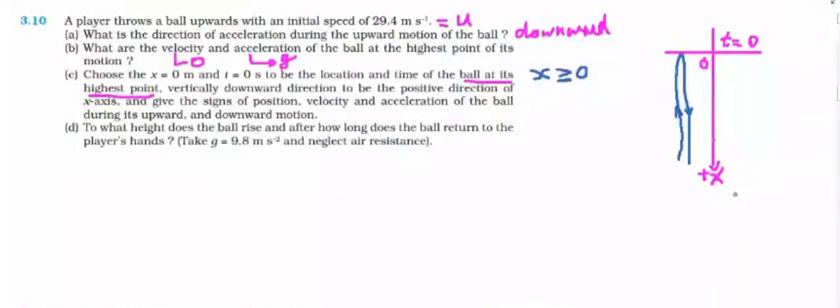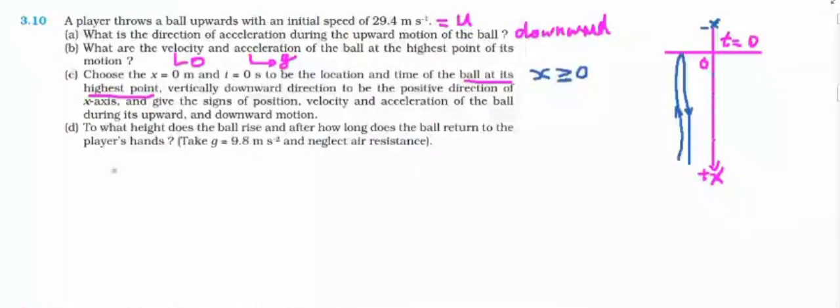Now, next, velocity we have to see. Velocity direction, when you see, this is negative x-axis. During upward motion, what happens? During upward motion, the velocity is towards negative axis, and at the highest point velocity is 0.